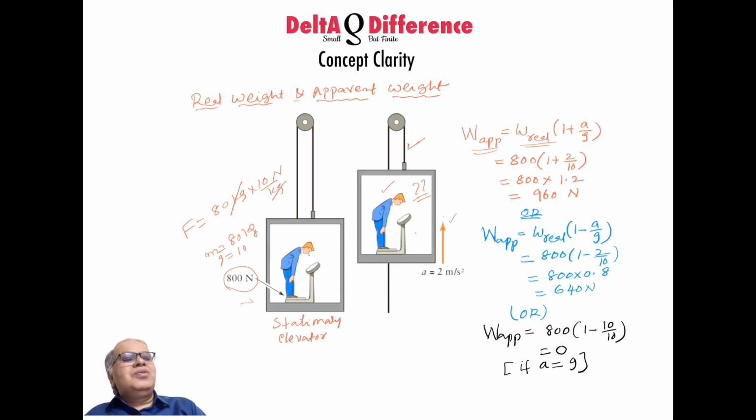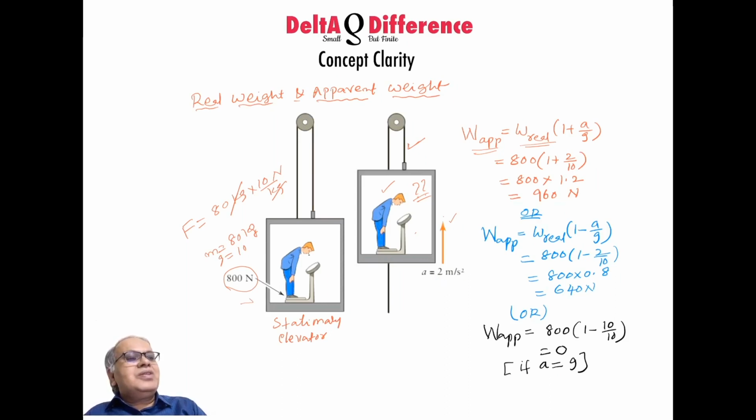Of course, don't worry about the change of g because of this small height it is going through, because the change in the weight because of the acceleration is much higher than the change of g over the distance. So g is almost constant, we can say.